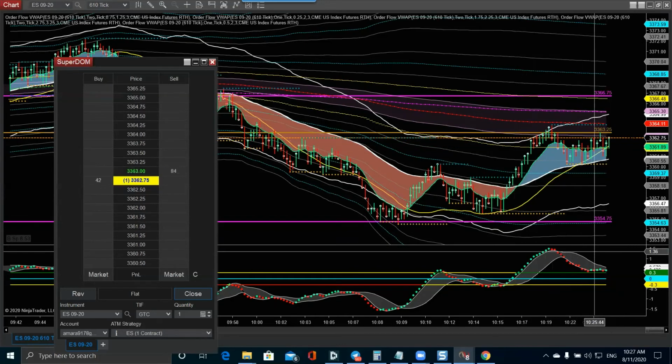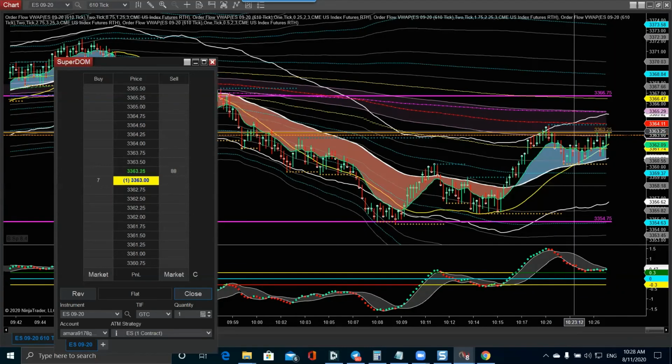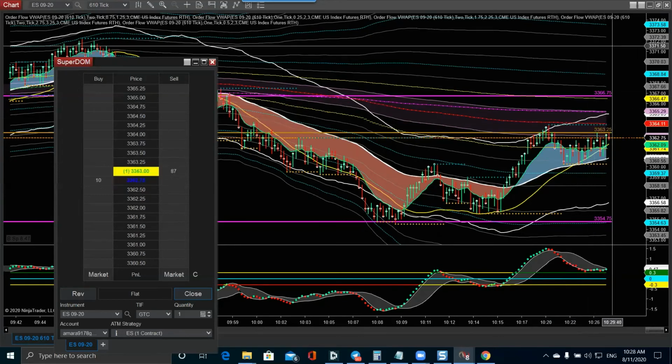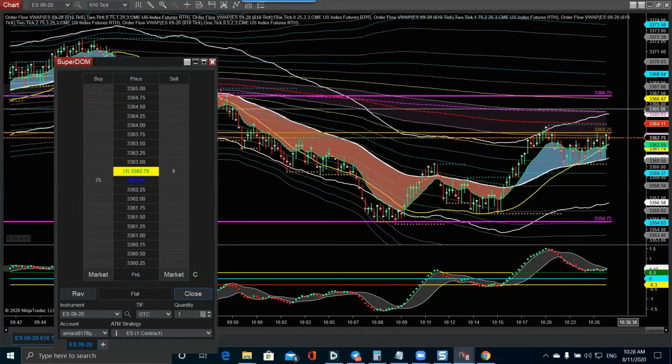Even though we're above the +3, it's going to test this high right here. Again, it's going to test this VWAP. Again, if it breaks these 2 VWAPs, that's even better. Then I would take the bounce off and come back up.